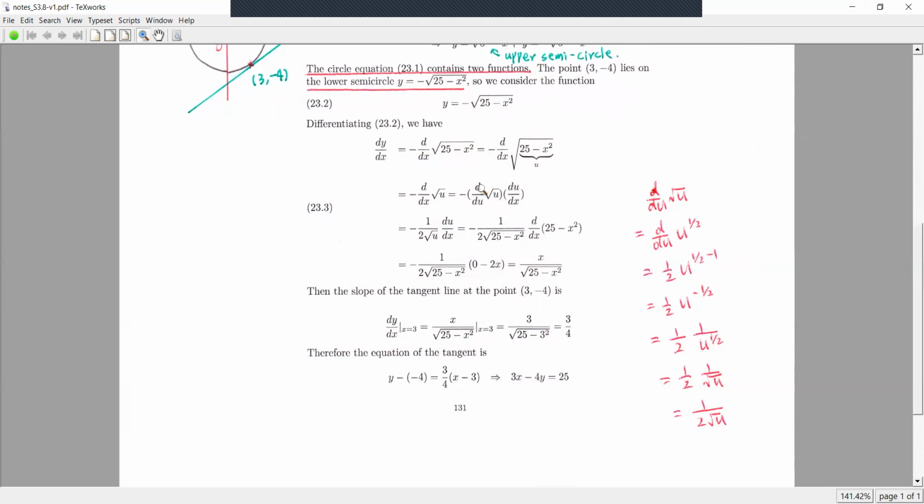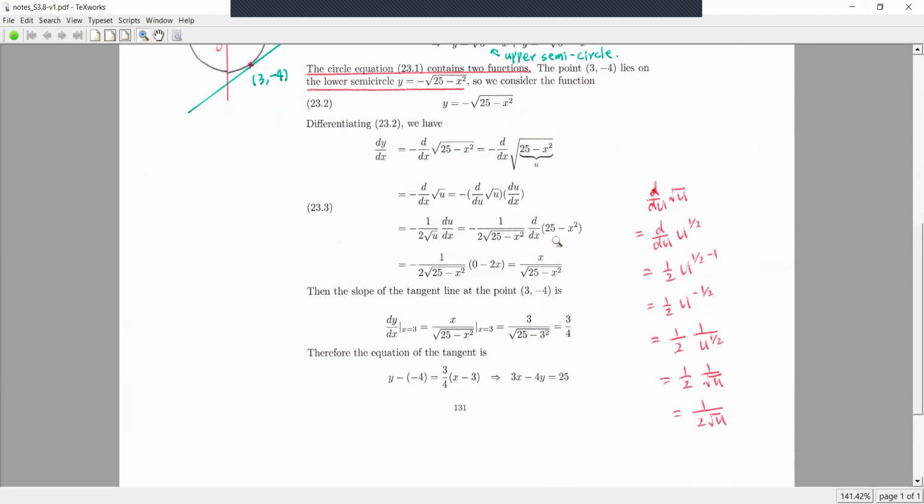The derivative of square root of u with respect to u, by the power formula, is 1 over 2 times square root of u. Now, remove u. Plug in 25 minus x squared for u, then we have this equation.